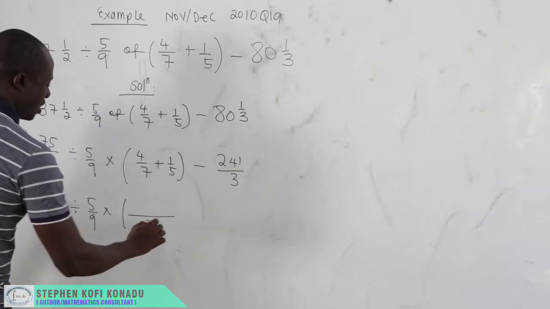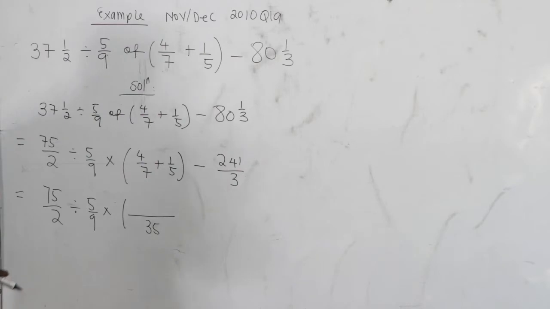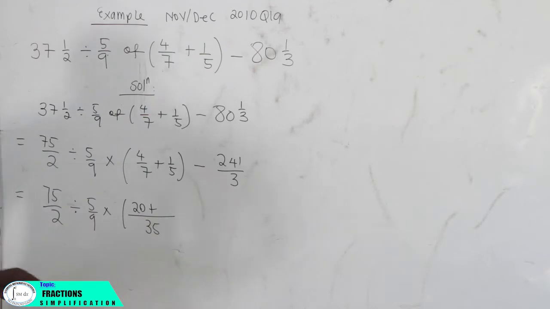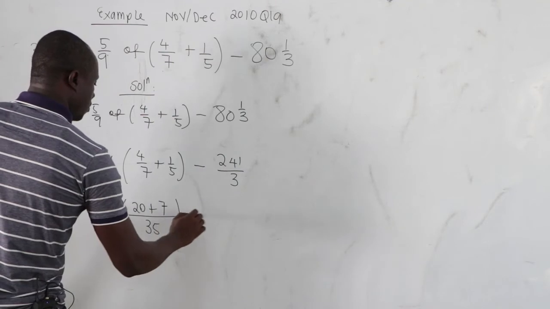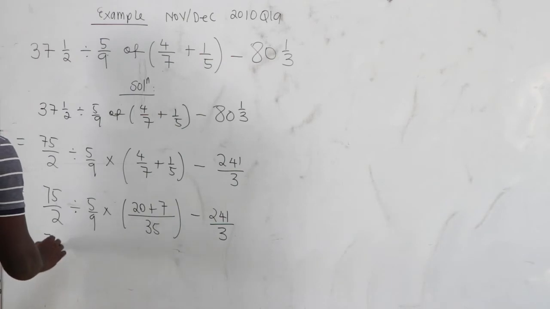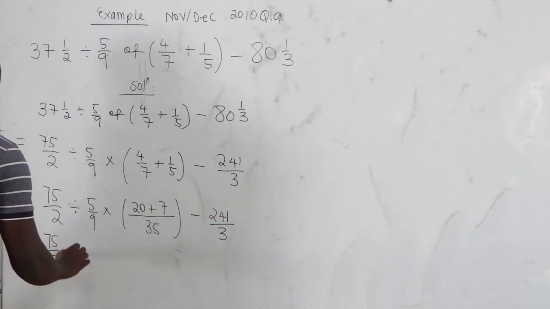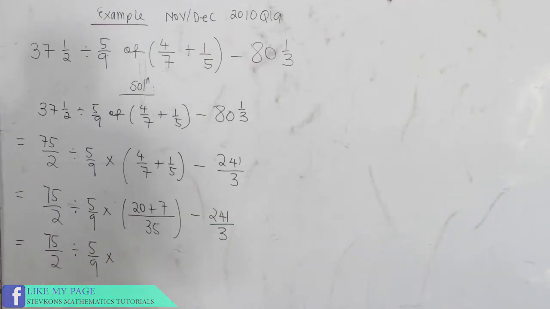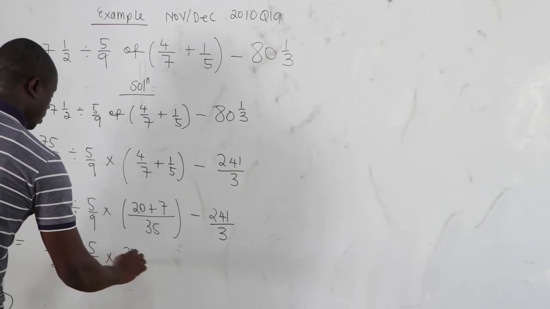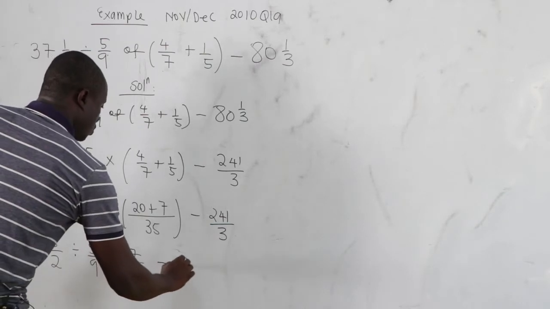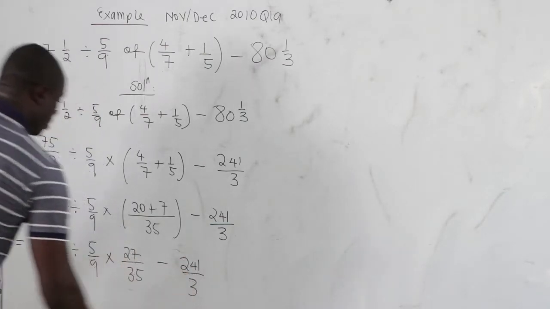The LCM is 35, for 7 and 5. 7 going into 35, that's 5 times 4, that's 20. 5 will go into 35, that is 7 times, so we have times 1, that is 7. So we have 75 over 2 divided by 5 over 9 times, now 20 plus 7, that is 27, all over 35, minus 241 all over 3.